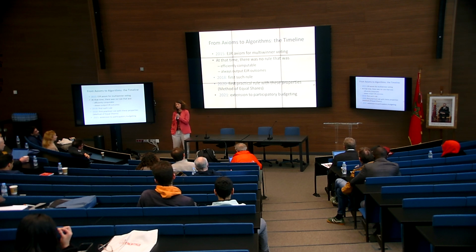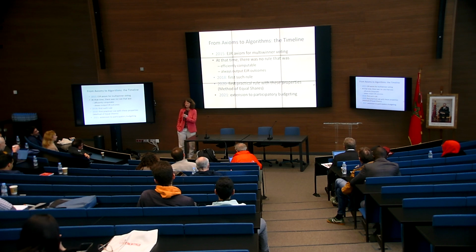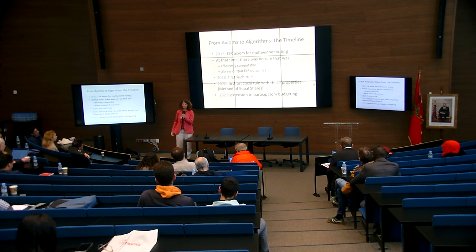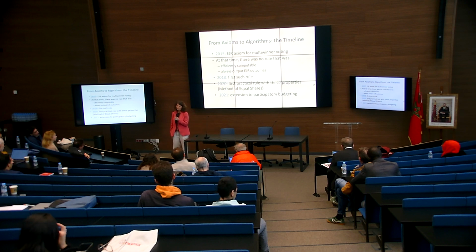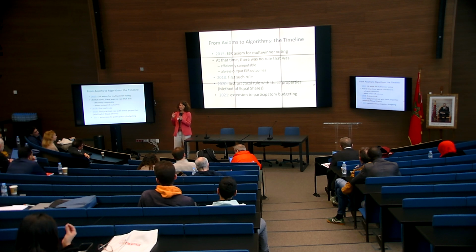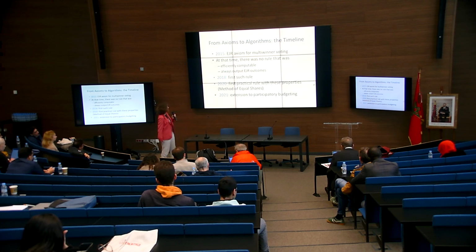So even with the focus on that simpler multi-winner voting scenario, it took a while, well, not a very long while, but it took 3 years for the community to come up with the first proof of concept result, a voting rule that we as computer scientists liked, in the sense that it satisfied this axiom we had in mind, and it was efficiently implementable. It didn't satisfy this last desideratum of being practical, so that took another year of coming up with a rule that was computationally efficient, satisfied the good axiom, and was also something they could explain to voters. That was called method of equal shares.